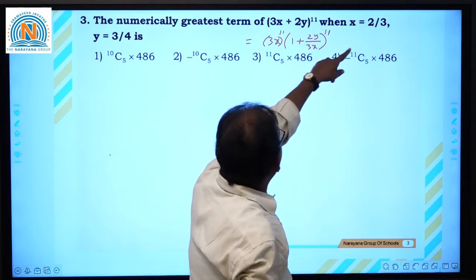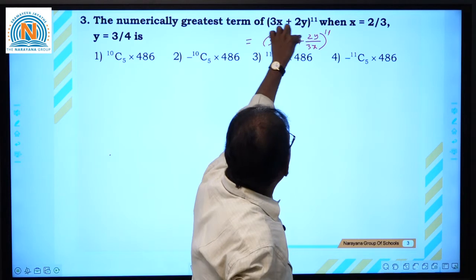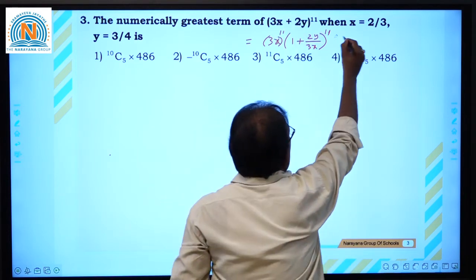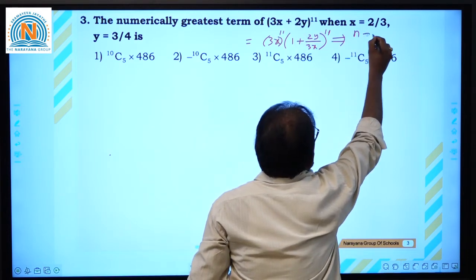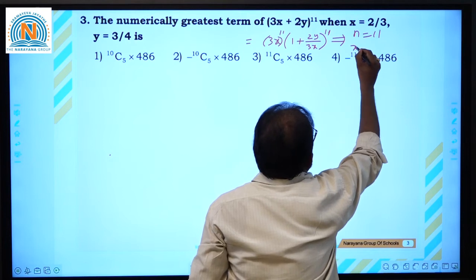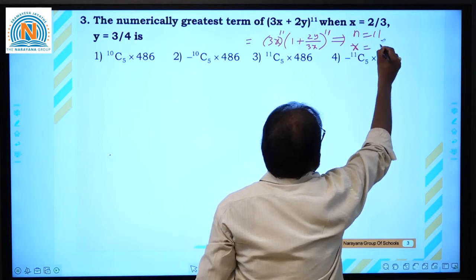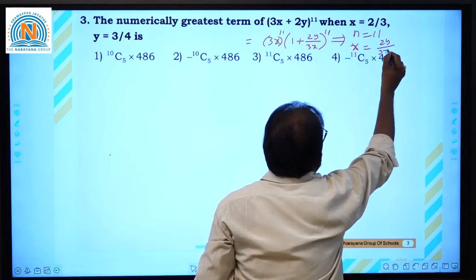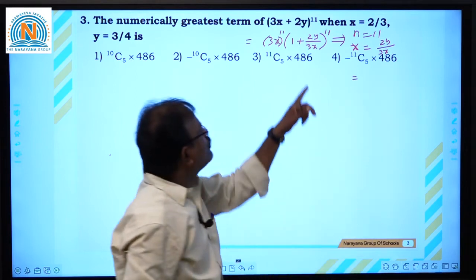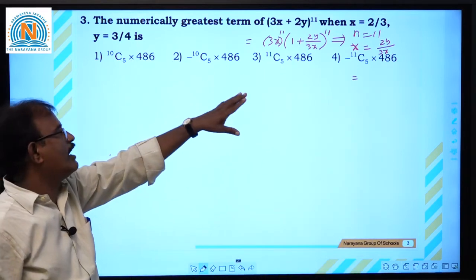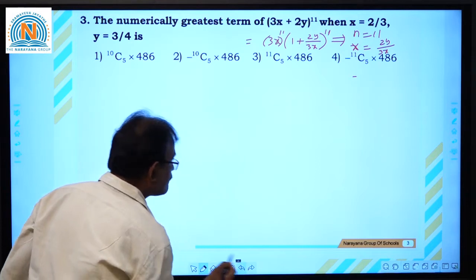Then here it is in the form of (1 plus x) whole power n. So from here n is equal to 11, and capital X is equal to 2y by 3x. As the values of x and y are given, we have to simplify the value of capital X.